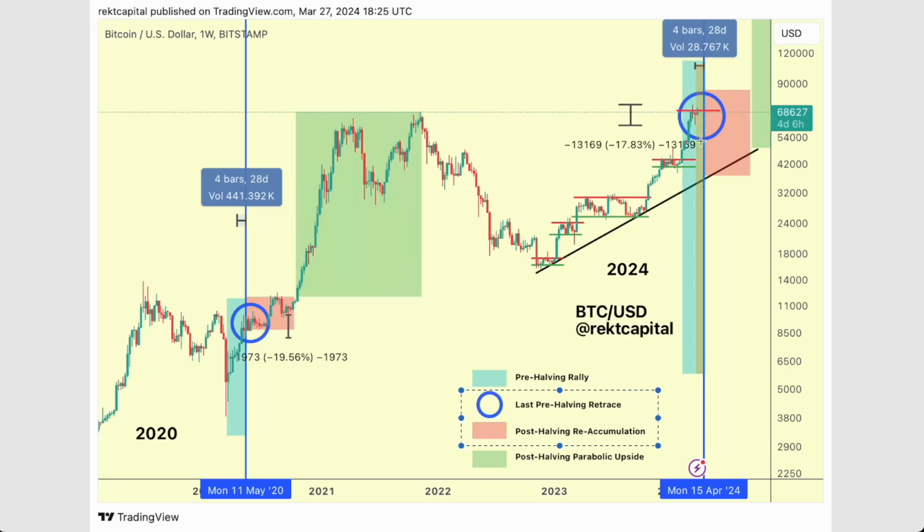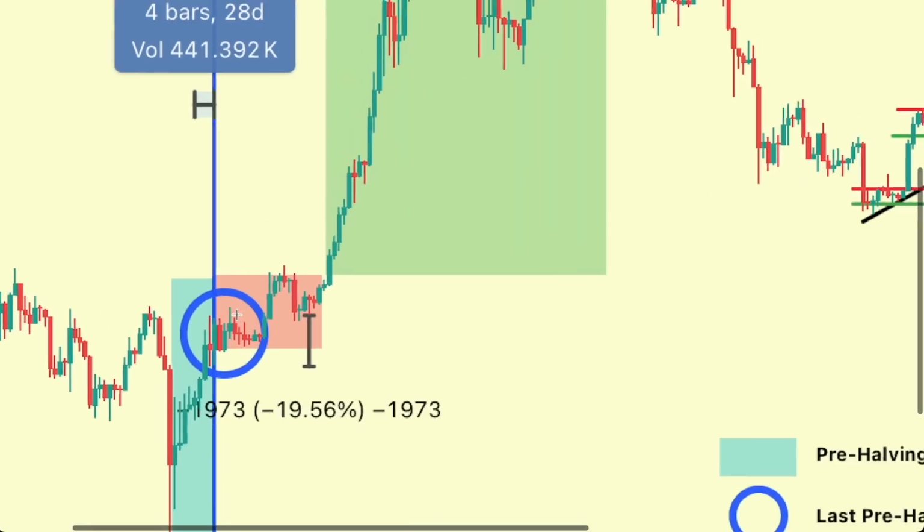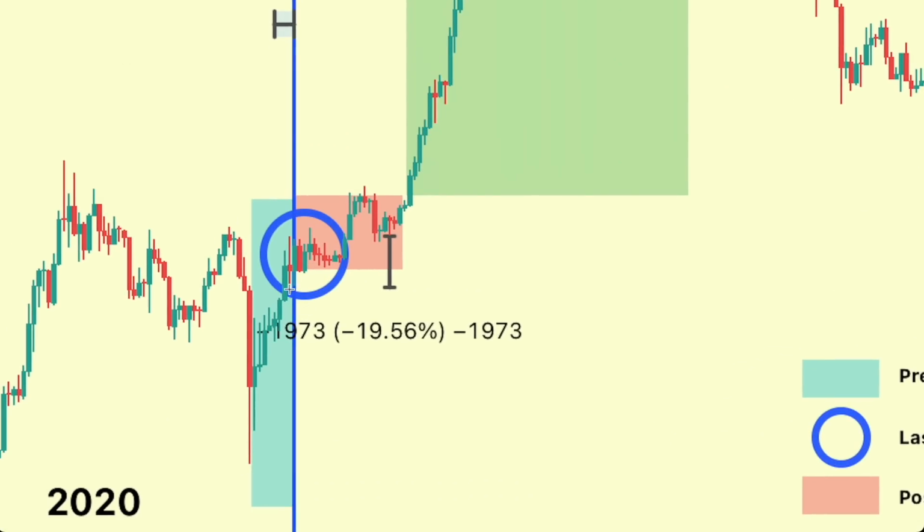Number one, any downside before the halving is a bargain buying opportunity. And number two, any reaccumulation going into the halving and after the halving is going to be the last bargain buying opportunity. And that simply remains to be the case across time. If you focus here on 2020, for instance, the bottom of the pre-halving retrace was that last bargain buying opportunity before the halving.